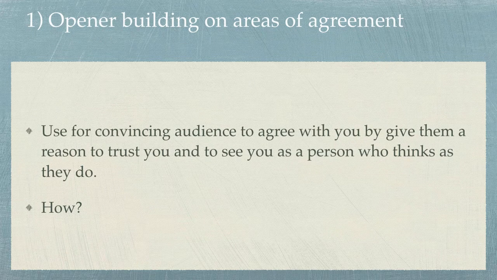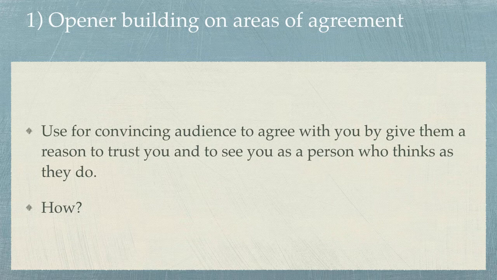For the first one, opener building on areas of agreement. As you can see the word building here, okay? It tells you by its name, you have to build your audience's emotion, the feeling that you understand them. You are on their side.